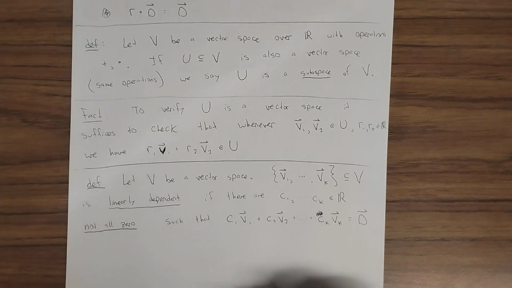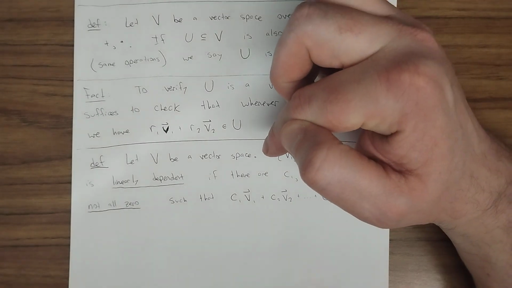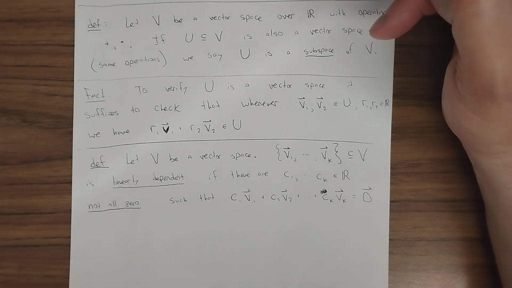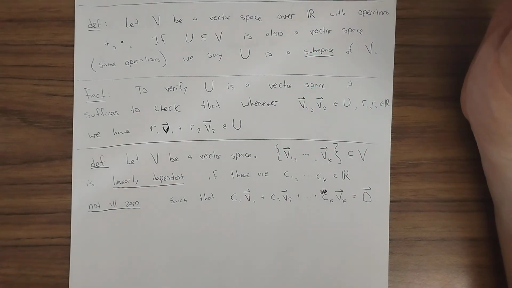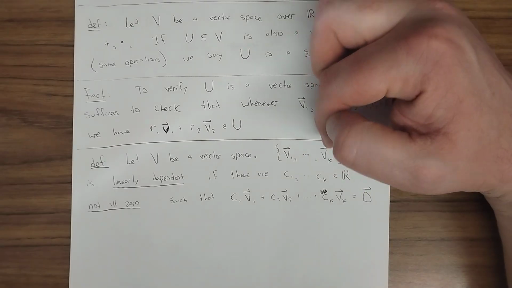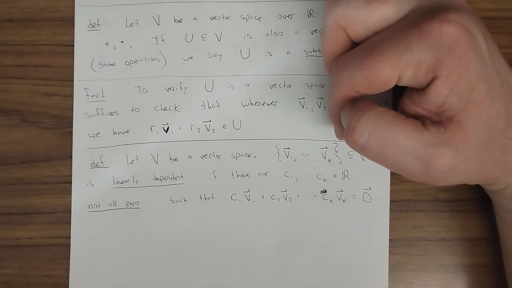Okay, so what do I want to talk about next? Linear dependence and independence. So suppose we have a vector space, and I have some set of vectors, and there's finitely many of them. I'm going to just say that there's k of them, so v1 through vk. So I have these k vectors.